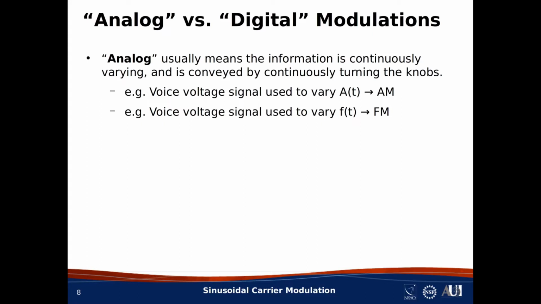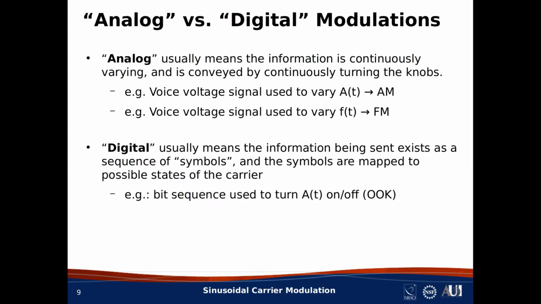For example, the way we send information is by varying the amplitude according to the volume of our voice. Then we have amplitude modulation, or simply AM. If, on the other hand, we vary the frequency in proportion to the volume of our voice, then we have frequency modulation, abbreviated FM. The hallmark of a digital modulation is that information is sent in discrete chunks.